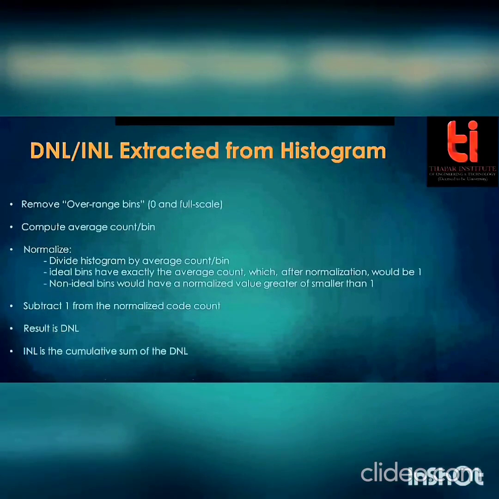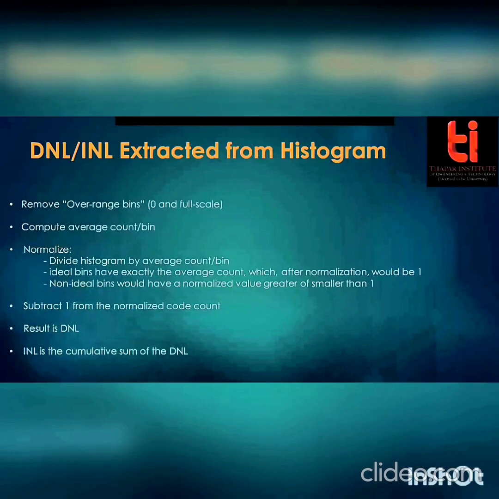Now, how do we extract the DNL and INL from the histograms we get? First of all, we remove the overrange bins, the first bin and the last, 0 and full scale. Then we compute the average number of counts of samples in each bin. Then we normalize, dividing the histogram by the average count per bin. Ideal bins have exactly the average count, which after normalization would be 1, which means the DNL error is 0.